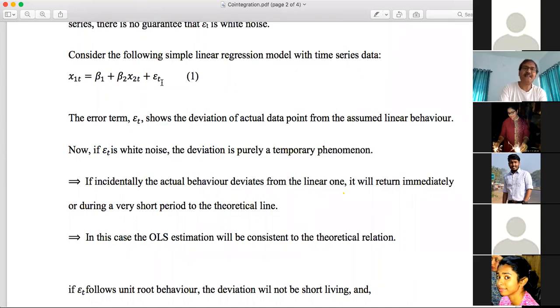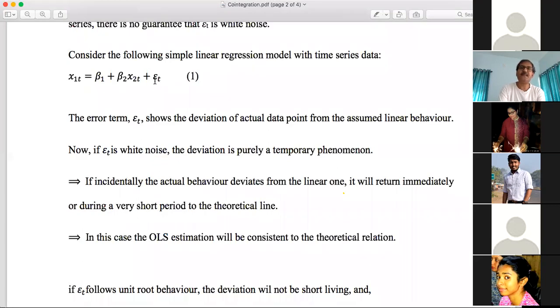So if epsilon t is purely random in your model, it indicates the deviation of the actual situation from the theoretical one is purely accidental. Incidentally, the actual behavior deviates from the linear point and it will return immediately, or within a very short period of time, to the theoretical line.